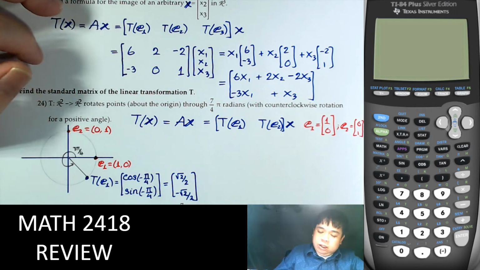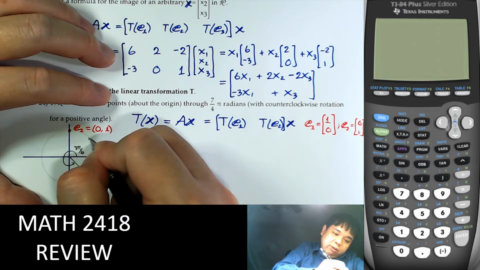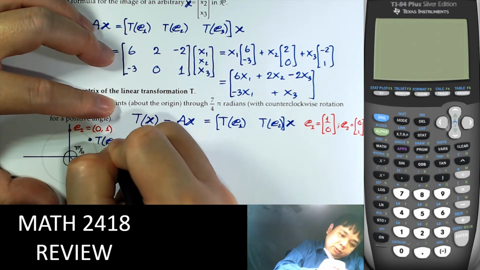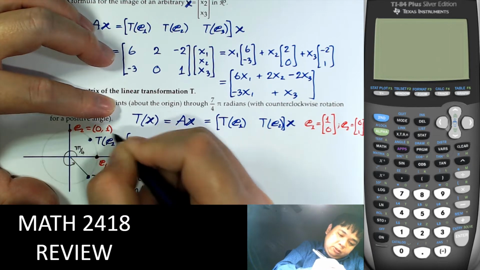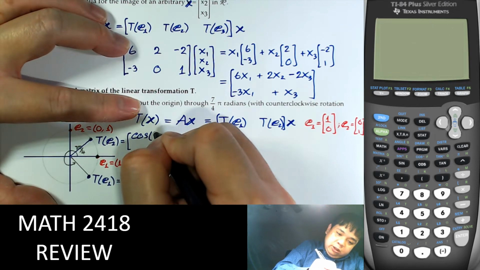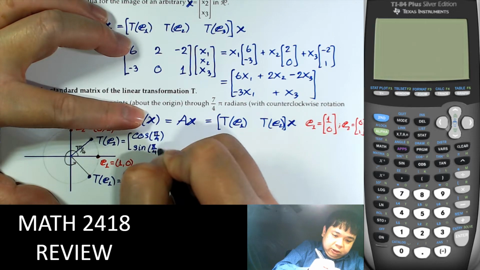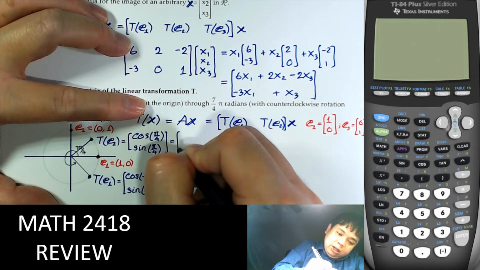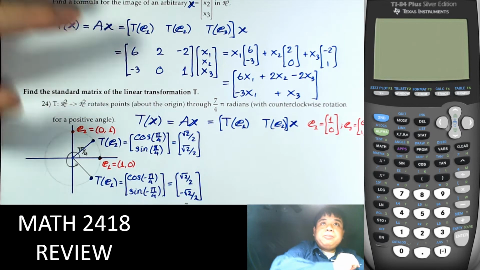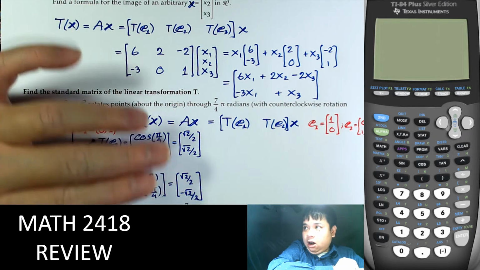That's T(E1). For T(E2), we go from this 7 pi over 4, so we end up here. This will be T(E2). So that's just pi over 4: cosine of pi over 4 and sine of pi over 4. That's just square root of 2 over 2 and square root of 2 over 2. So we found the transformation of the columns of the identity matrix.